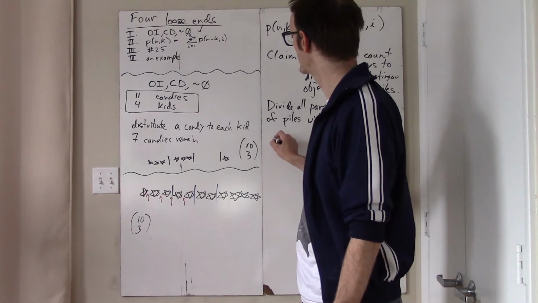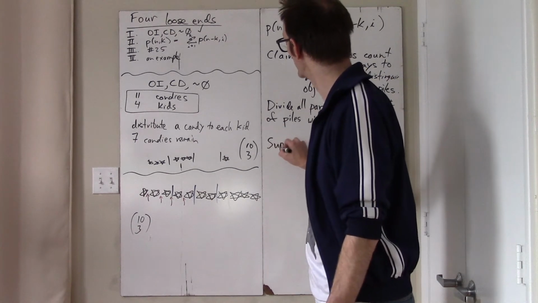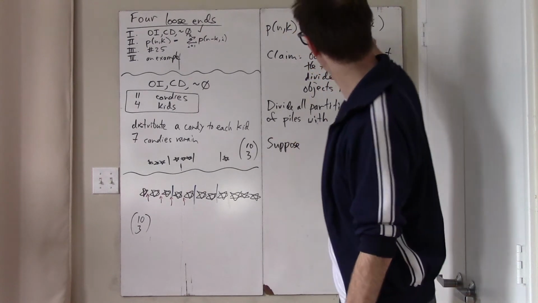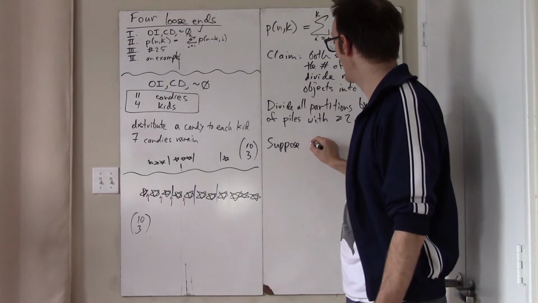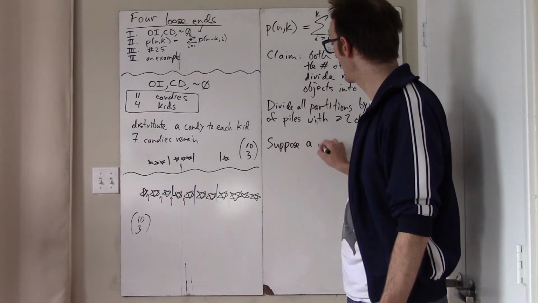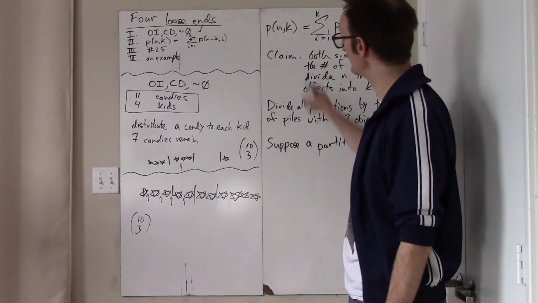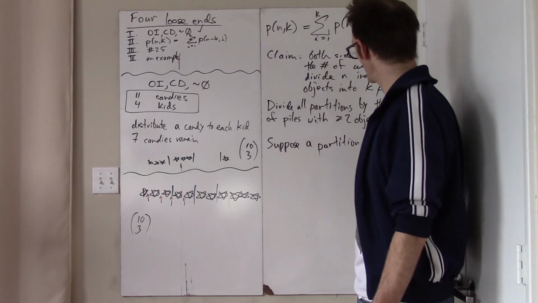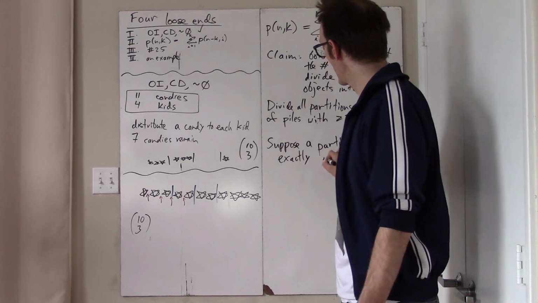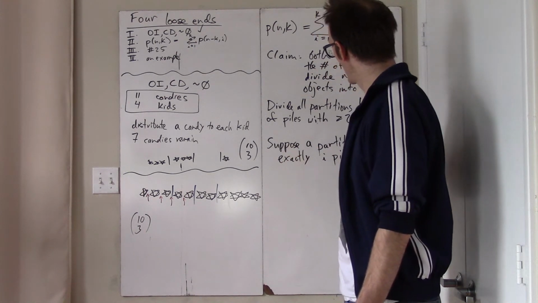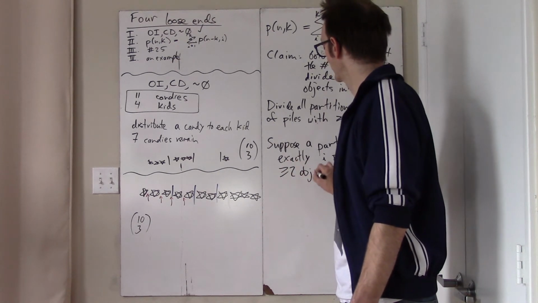Okay, so let's just suppose, and now I'm just going to do the combinatorial proof. Suppose that a partition, so this is one of the things that we're counting on both sides, has exactly i piles with greater than or equal to 2 objects in it.